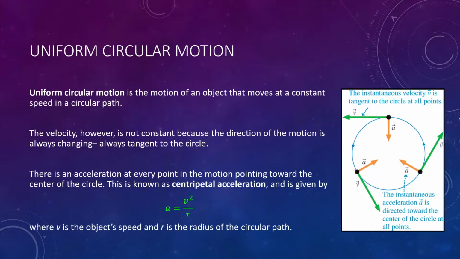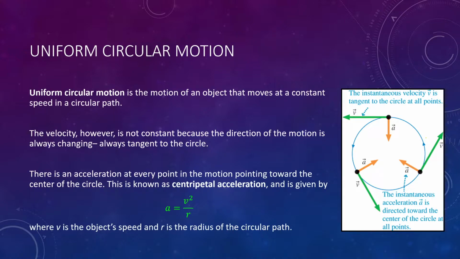So let's first look at the image here on the right-hand side, just focusing on the green arrows. The blue circle you see is the path we take, and notice that we are moving, indicated by the blue arrows, in a counterclockwise direction. So at any of these black points you see here, our velocity is pointing straight off of the circle, tangent to the circle.